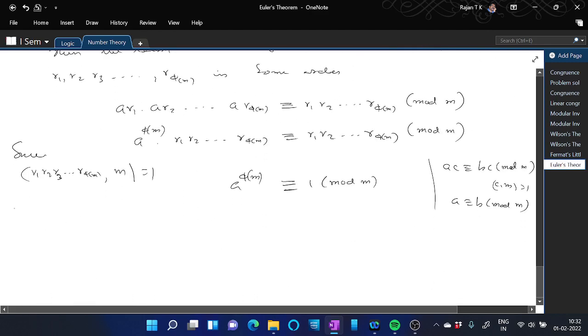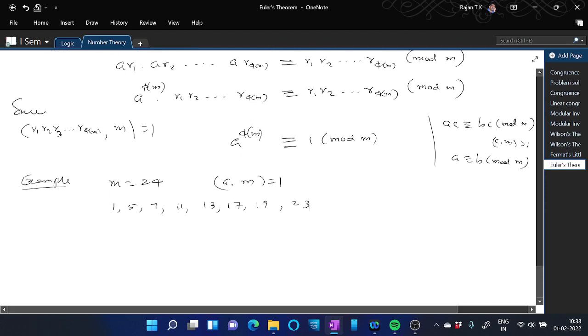Let us take some examples. Let m equal to 24 and A is any integer relatively prime to m. Then the positive integers less than or equal to 24 and relatively prime to 24 are 1, 5, 7, 11, 13, 17, 19 and 23.